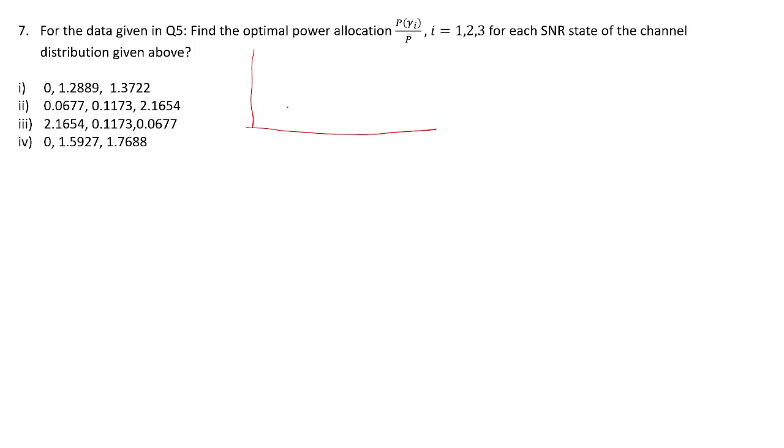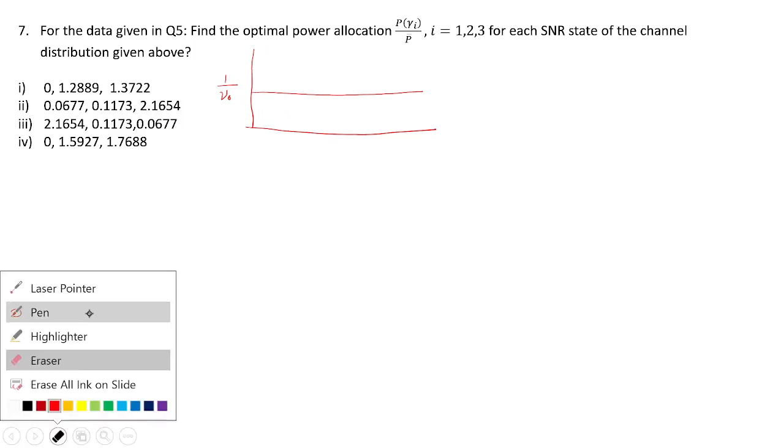Now for different channel conditions, let us consider. This is called water filling, because there is a fixed height called 1 over gamma naught which we are interested to find, and there are some channel levels. Okay, so let me remove this.